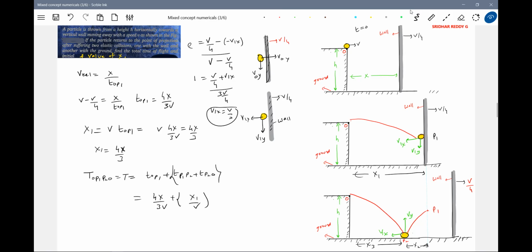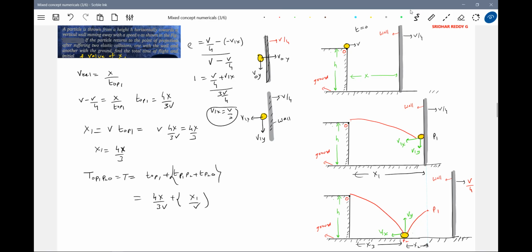Okay, this we know, the value of theta. We'll take this as theta, then this will be theta. The X component of velocity and Y component of velocity we can define.